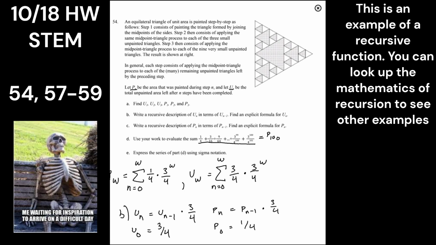So that was B and C, and that was really easy. We just used the sigma notation and converted to sequence notation. Now we're going to do D.